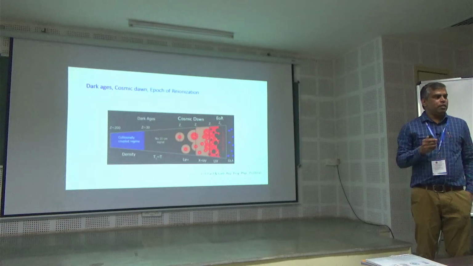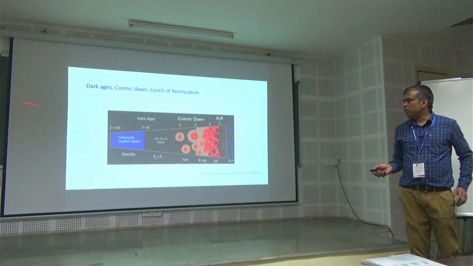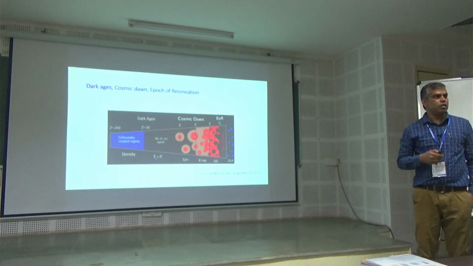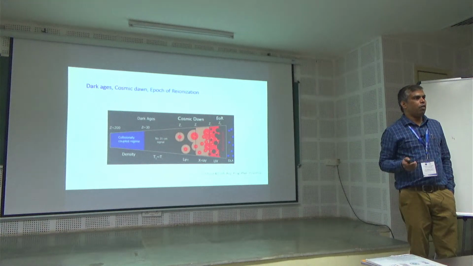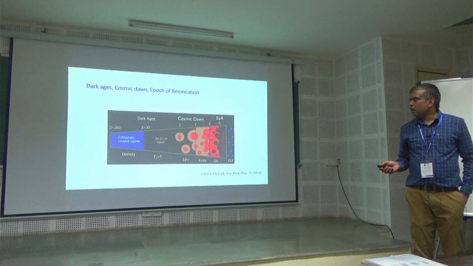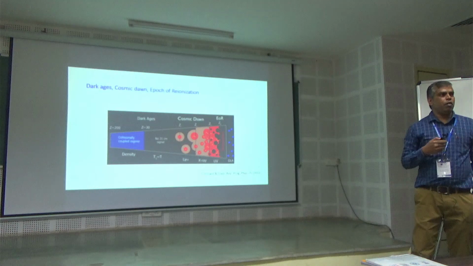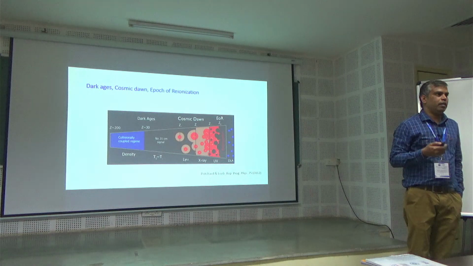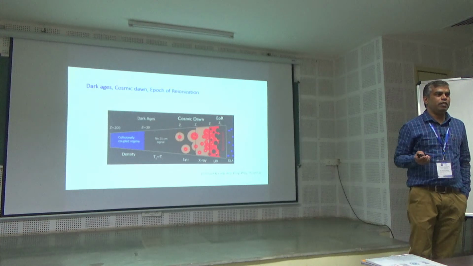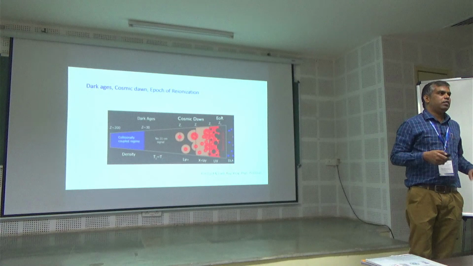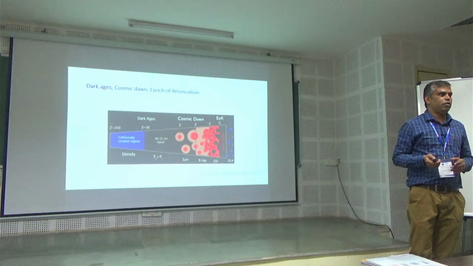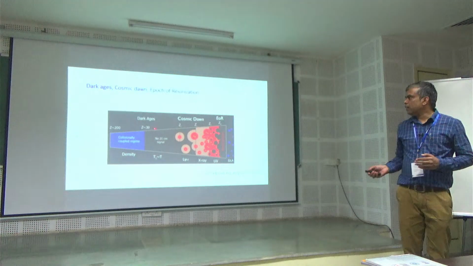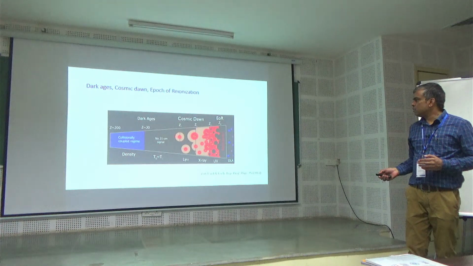It is believed that at around redshift 25 or 30, the first luminous sources were formed in the universe, and radiation from those sources, UV radiation, and then X-ray radiation, all kinds of radiation, started to change the thermal state of the universe. So basically, they changed the spin temperature, the IGM temperature, and that epoch is known as cosmic dawn.